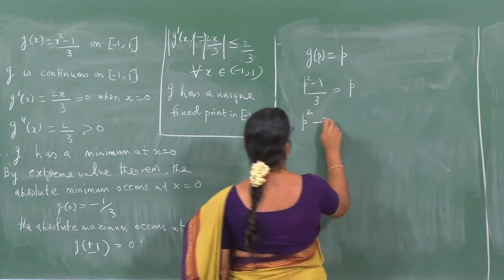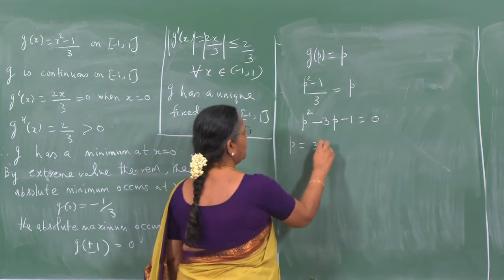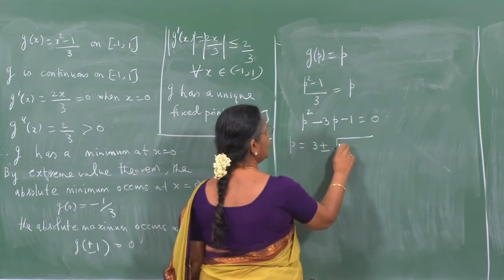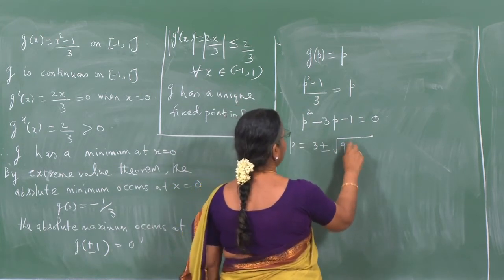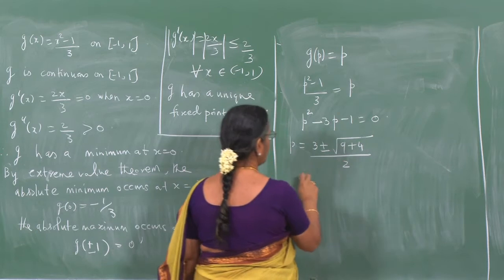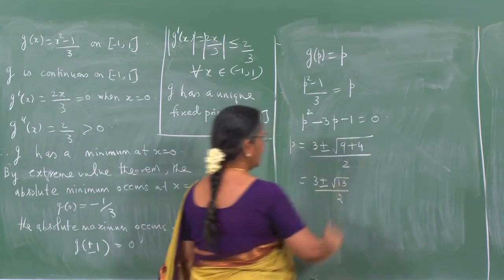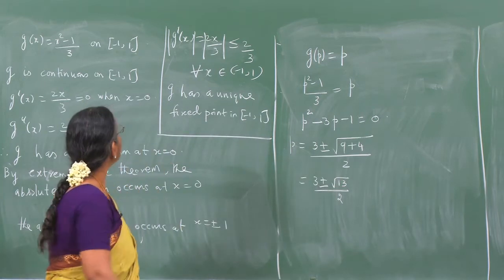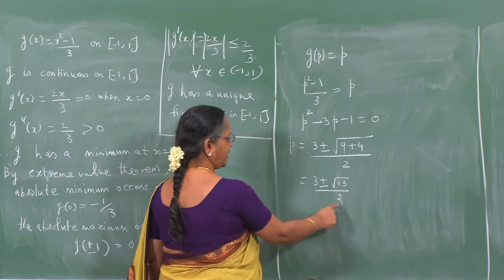So, p square minus 3p minus 1 is 0. So, p is 3 plus or minus root of 9 plus 4, by 2. So, 3 plus or minus root 13 by 2.